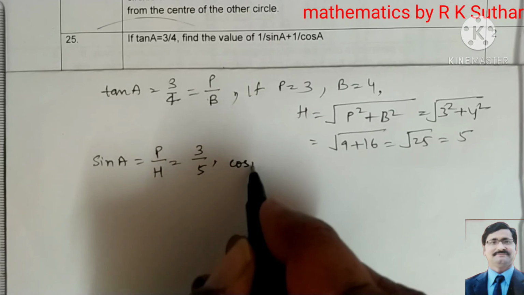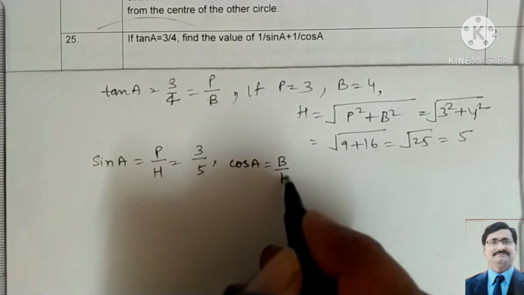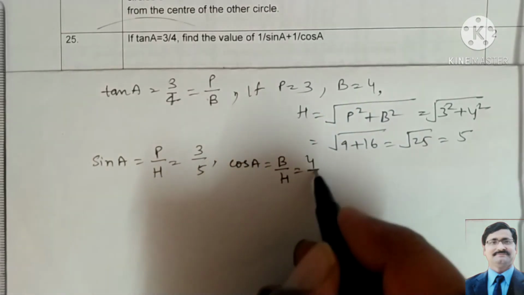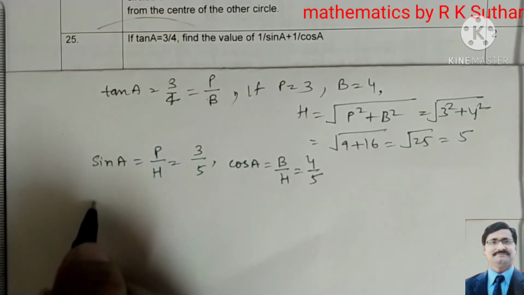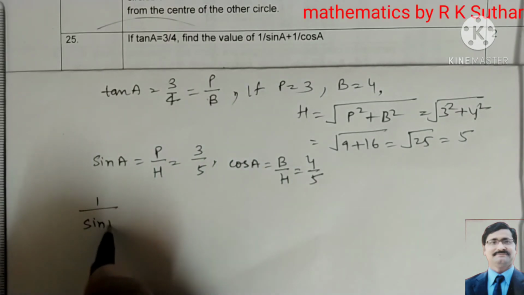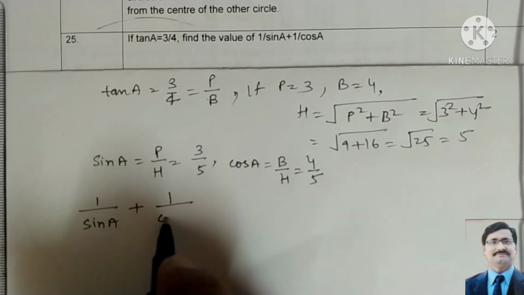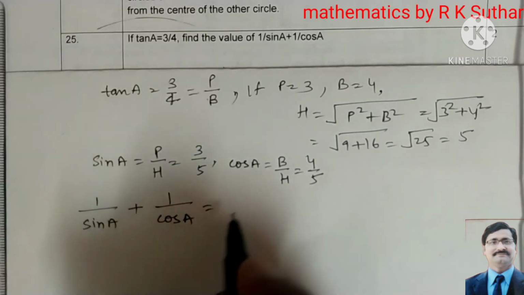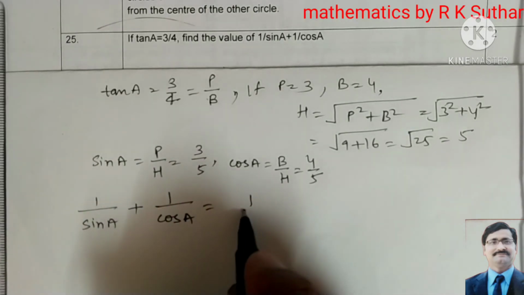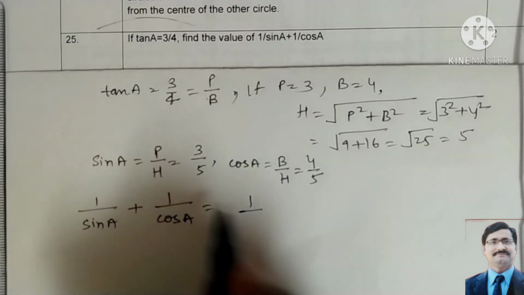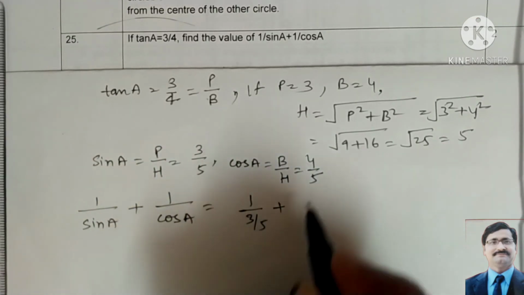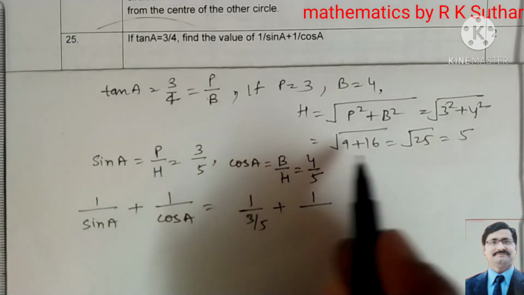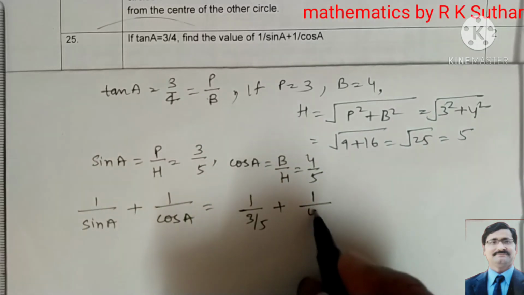And then find cos A. Cos A is base upon hypotenuse. Base is here 4, hypotenuse is 5. And we have to find 1 upon sin A plus 1 upon cos A. This we have to calculate. 1 upon sin A. Sin A is here 3 by 5. So we can write 3 by 5. And 1 upon cos A. Cos A is here 4 by 5.